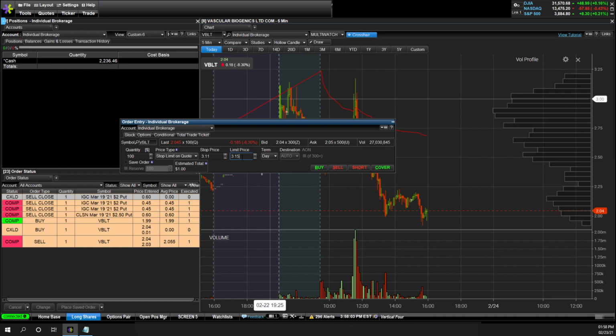And that way, if it prints at 311, so over 310, then you're gonna place your buy order for a limit price of 315. So it pops up, prints 311, your order goes in. It's already at 313, 314, 315. You don't care. You already got in. So good luck with that.